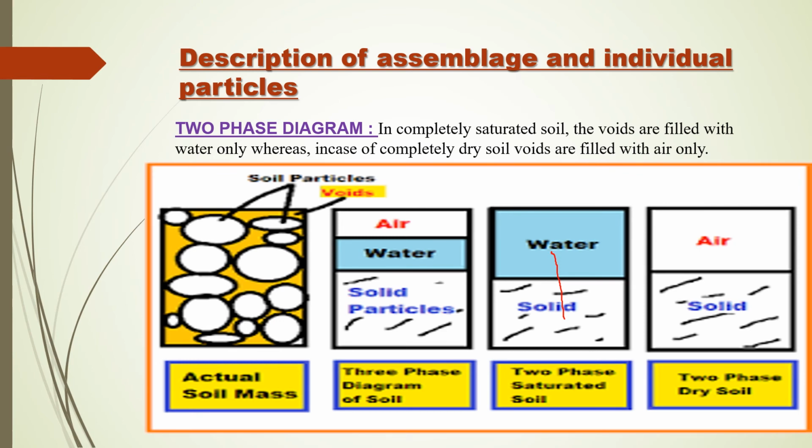If the soil is fully dry, it also becomes a two-phase diagram, where air and solid come. In the place of water, air comes because it is fully in a dry state. So only solid and air are present in the dry state of soil, and this is called the two-phase diagram of dry soil.